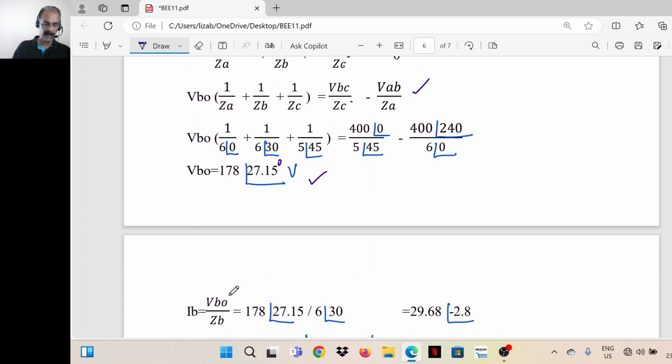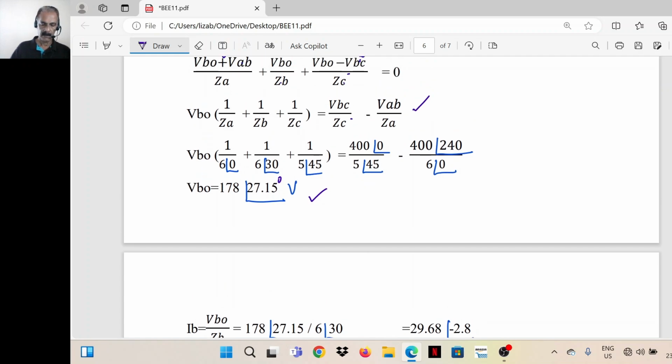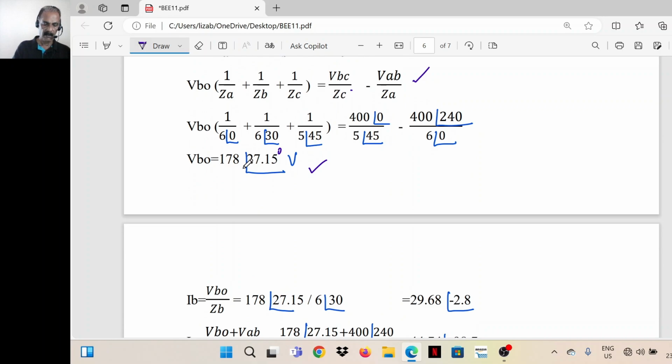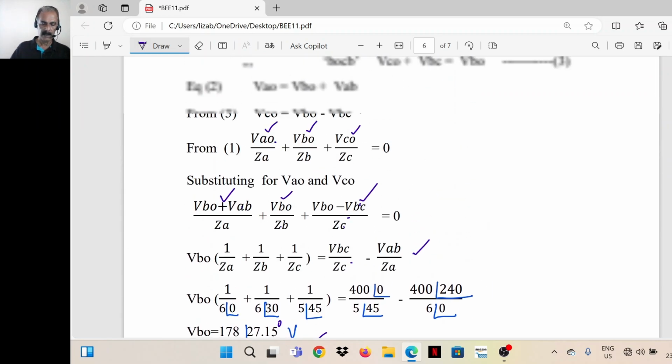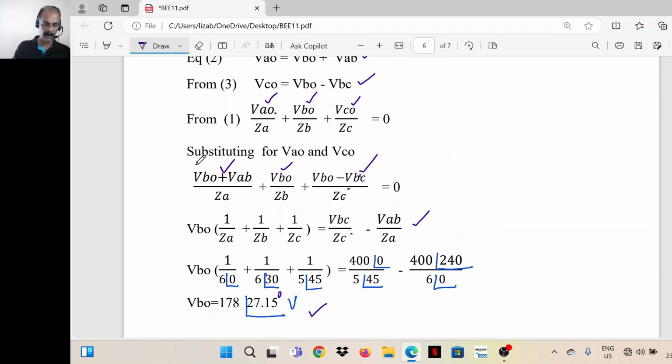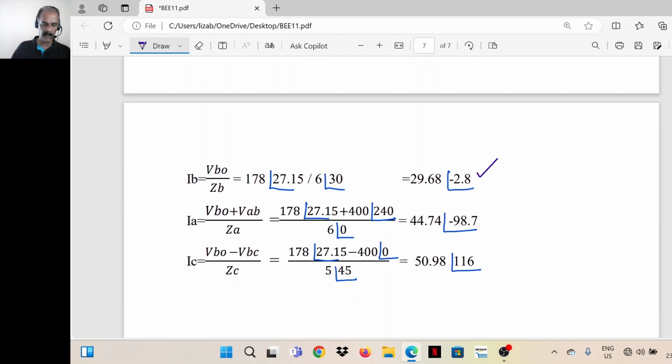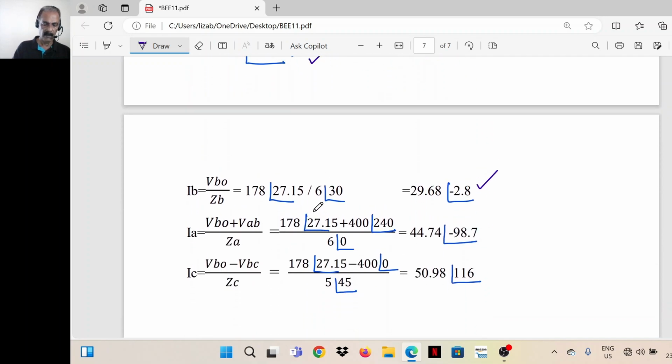So IB is VBO by ZB. The VBO value we got, divided by ZB, you will get IB. That is 29.68 angle minus 2.8. IA is this one: VBO plus VAB by ZA. VBO value we got, VAB from the phasor diagram is 400 angle 240, divided by ZA, you will get 44.74 angle 98.7.